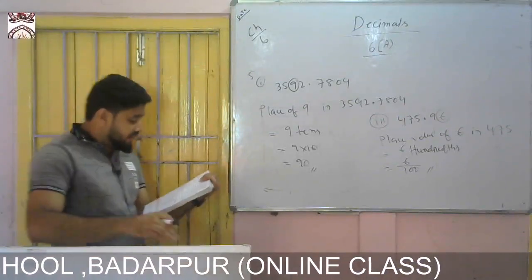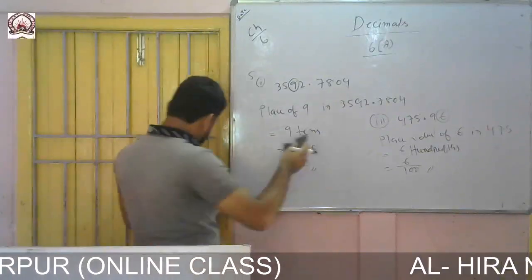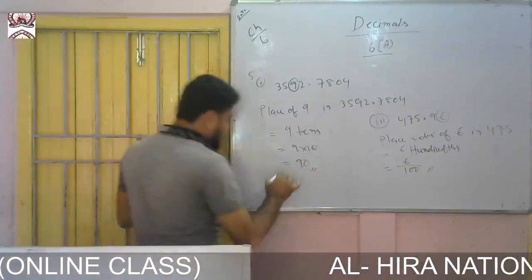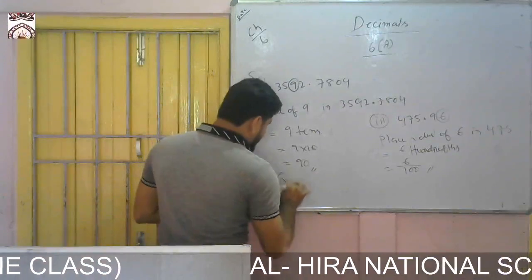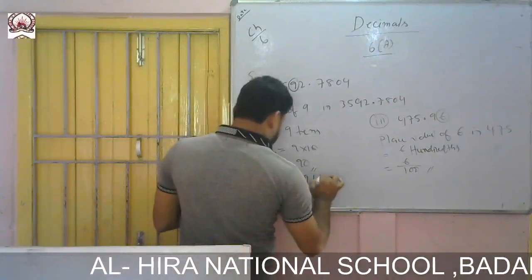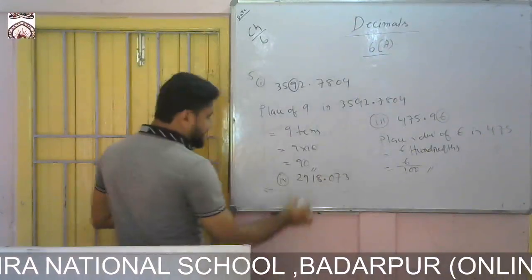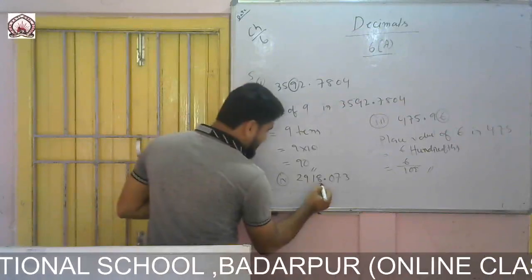The rest all are same, like this you can do. So question number 4 you see. Question number 4 what? 2918.073. We need to find the place value of 8.